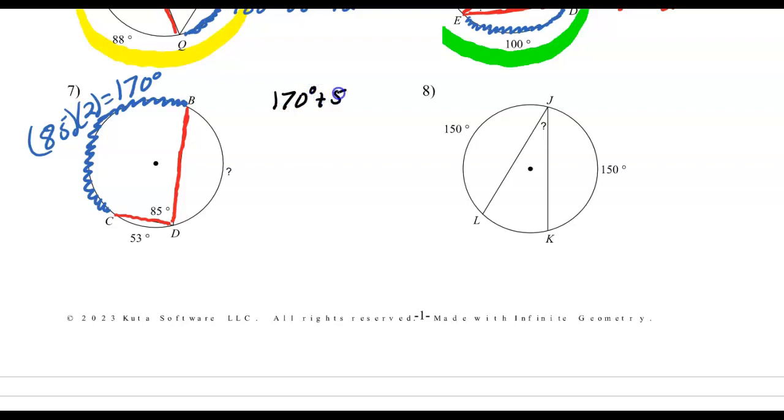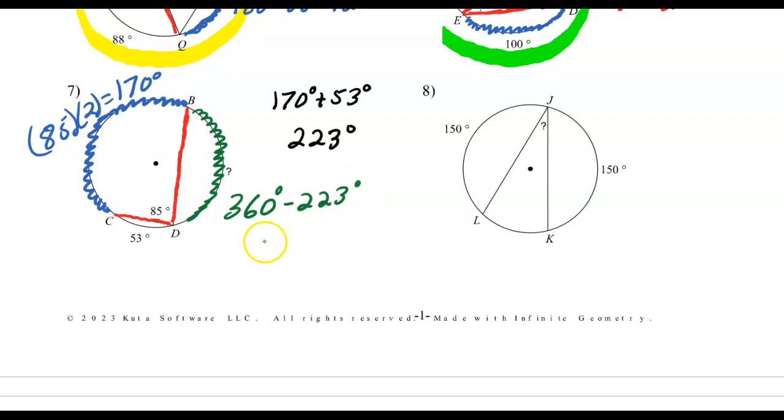So I'm going to add 170 and 53. When I do that, I get 223 degrees. Then to find the green arc is going to be 360 minus 223, which is equal to 137 degrees.